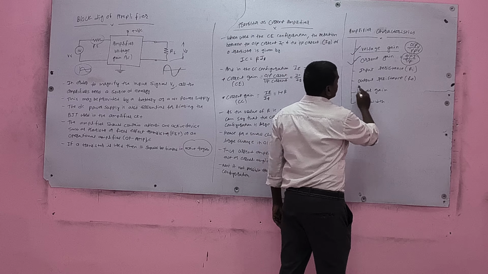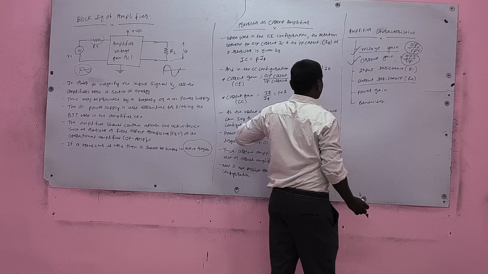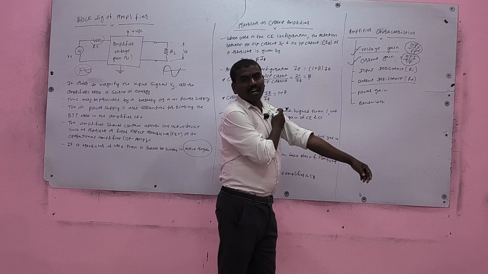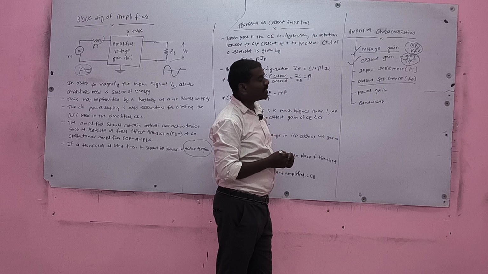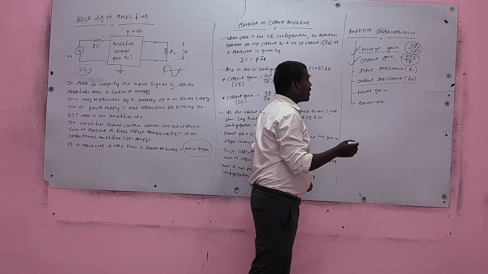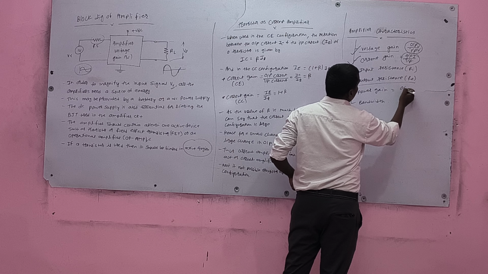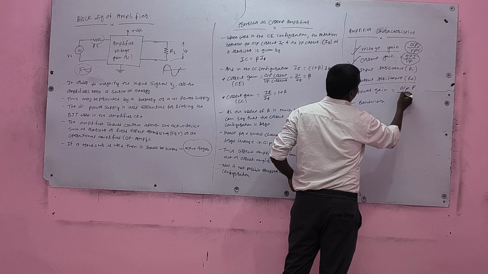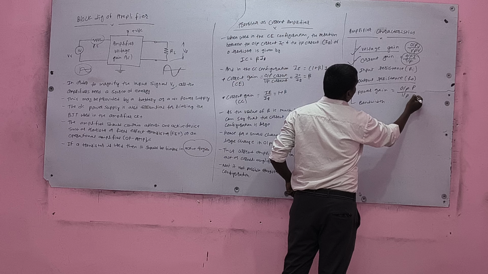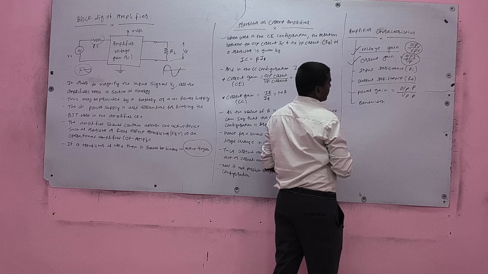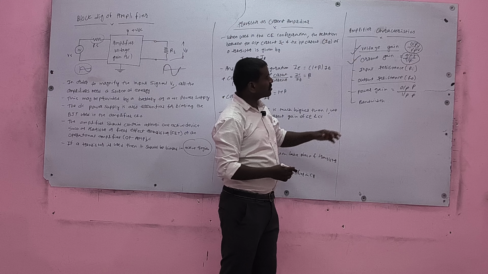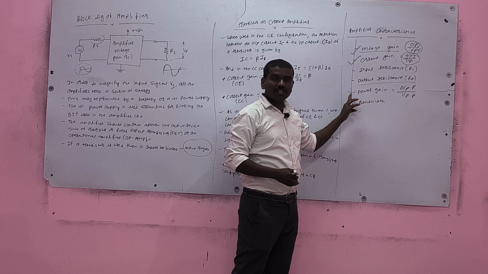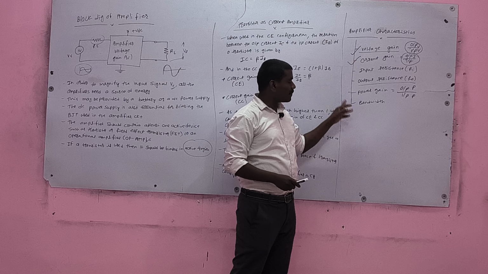Similarly, output resistance, that is load resistance. By varying the output or load resistance, we can vary the output. What is power gain? It is a ratio of output power to the input power of an amplifier. So this characteristic is also important for the selection of amplifier.